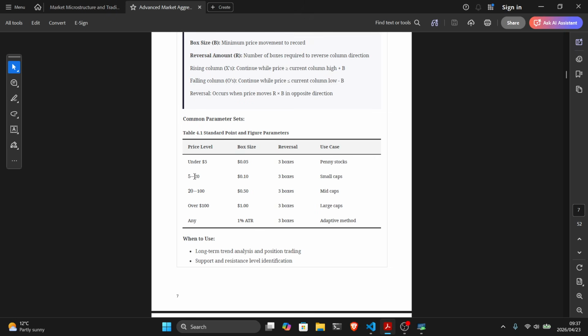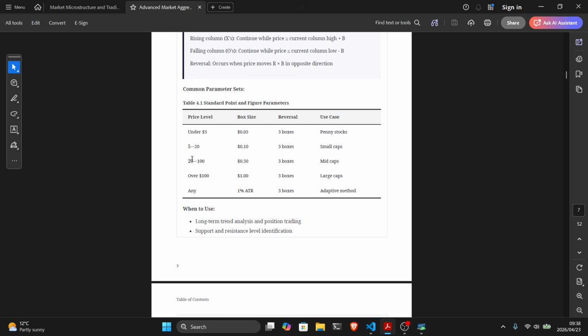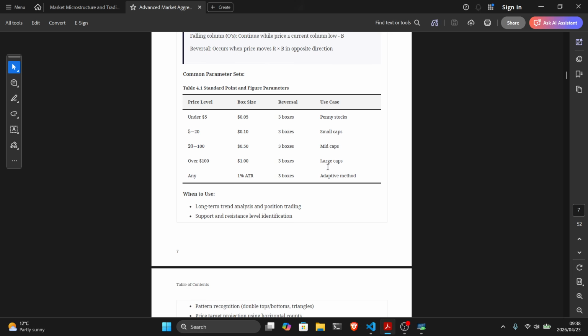If the price level of the asset is about $5 to $20, you're better off using a box size of 0.10, a reversal number of 3, and small caps are where you should apply it. If the asset has a price level of $20 to $100, you need a box size of 0.50 and a reversal number of 3, and an application space in mid caps.